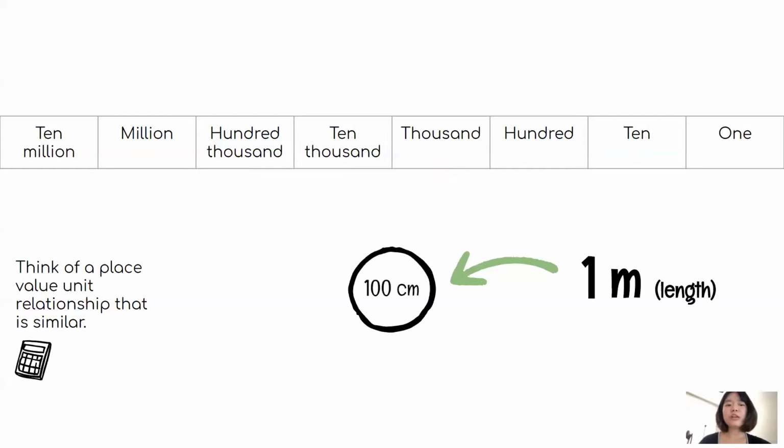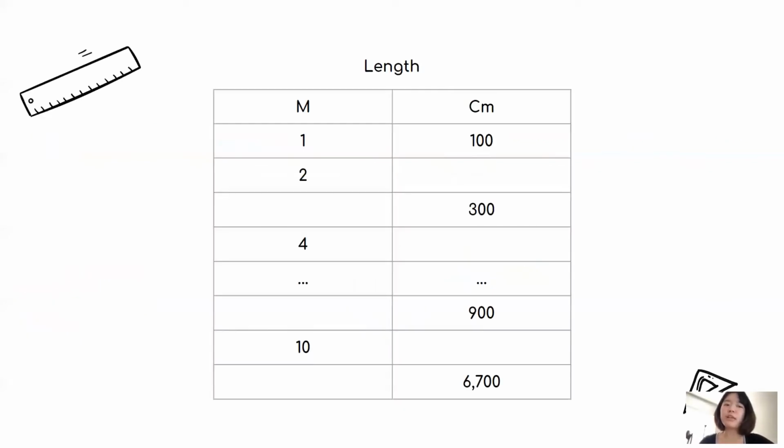Before starting our lesson, let's finish this chart as a practice first. With the units meter and centimeter, as we know, 1 meter is 100 centimeters. How many centimeters is 2 meters? That is 200. How many meters is 300 centimeters? That is 3 meters.